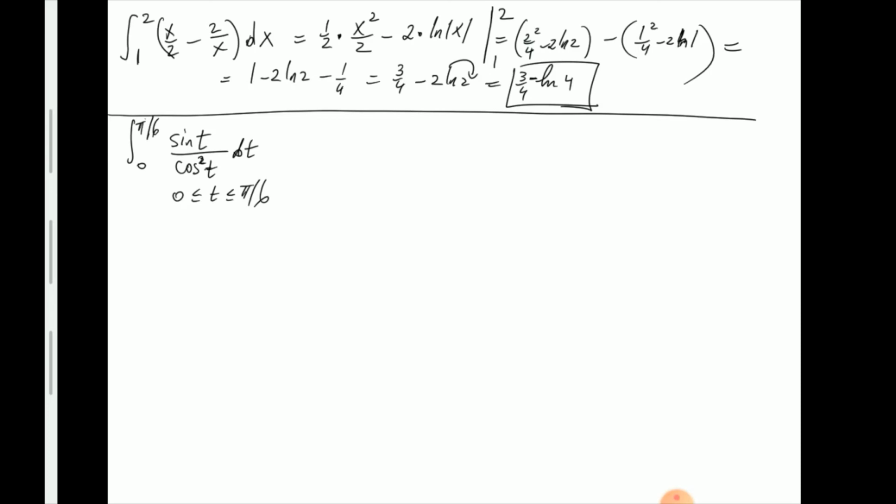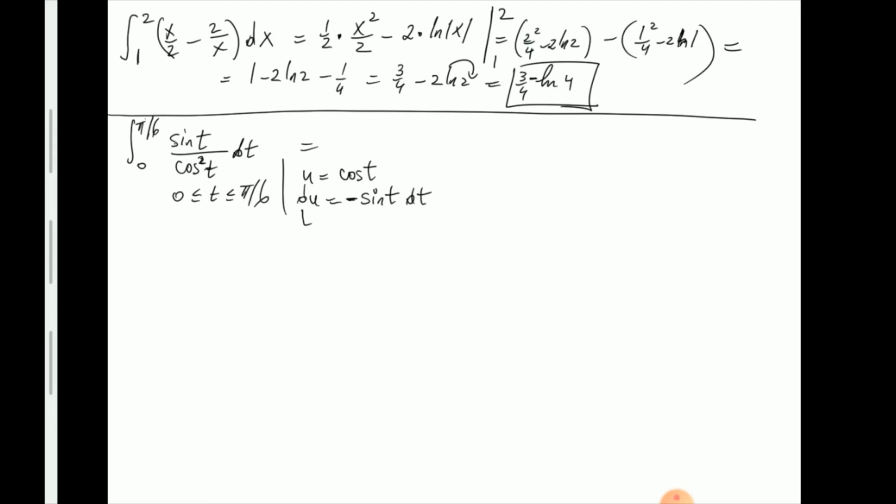So in this case, we're going to make the substitution for cosine of t, because we have sine of t dt on the outside. So we're going to do u equals cosine of t, and du, the differential, will be the derivative of cosine, which is minus sine of t dt. And now we have just an extra step to change the bounds of integration.